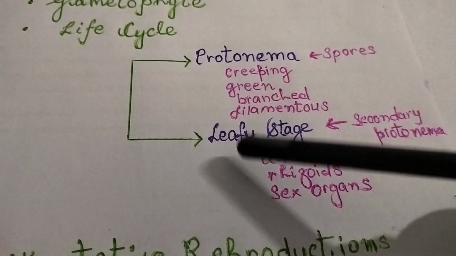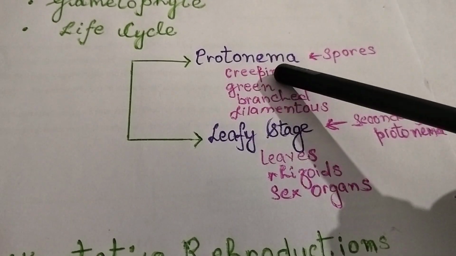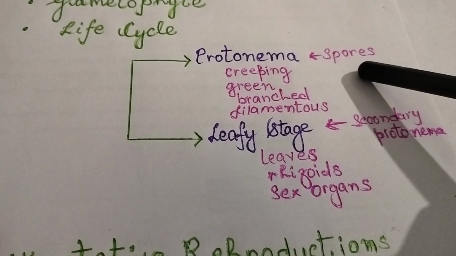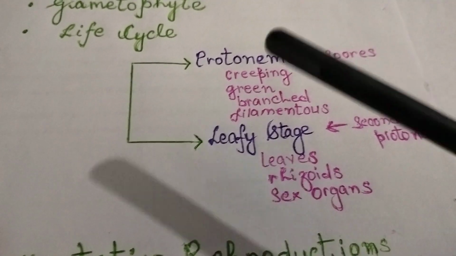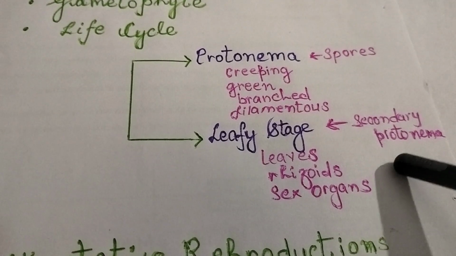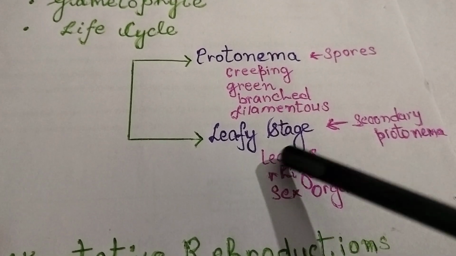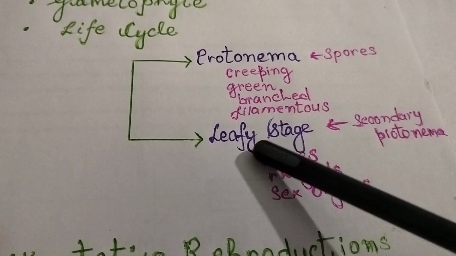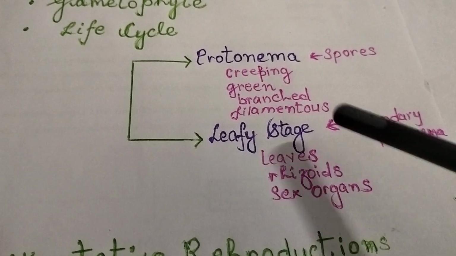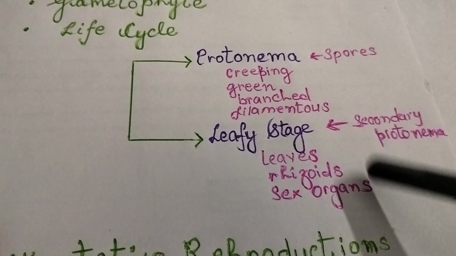So in the life cycle of mosses, the main plant body is the gametophyte, which is predominant. It includes two stages. First stage is protonema, developing directly from spores. It is a creeping green branched filamentous structure. Protonema grows and forms secondary protonema. This secondary protonema forms the second stage of the gametophyte, that is the leafy stage. Leafy stage is upright, erect.